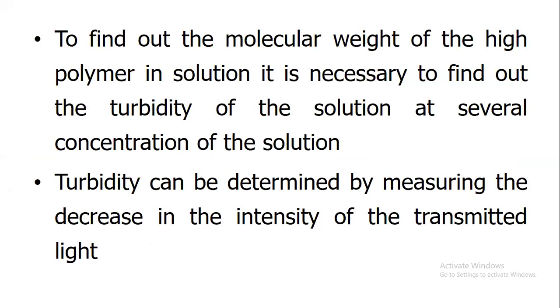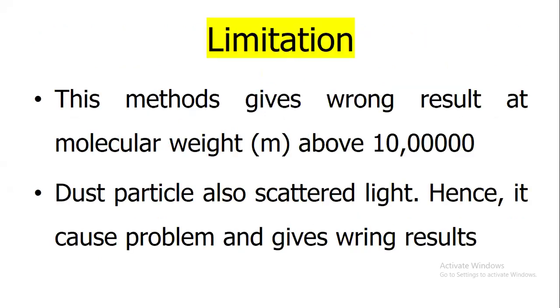To find out the molecular weight of the high polymer in solution, it is necessary to find out the turbidity of the solution at several concentrations. Turbidity can be determined by measuring the decrease in the intensity of the transmitted light.